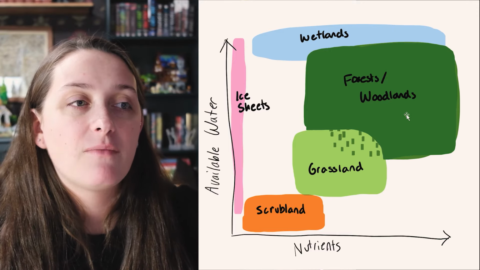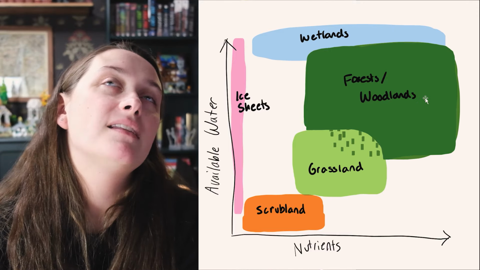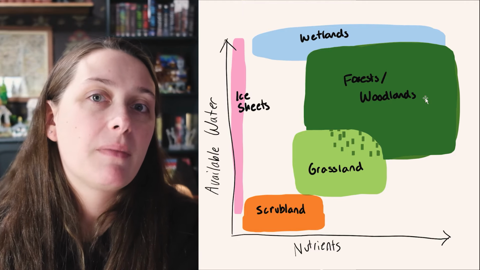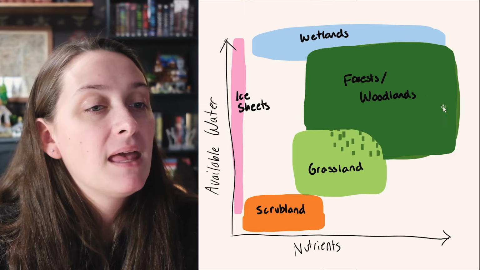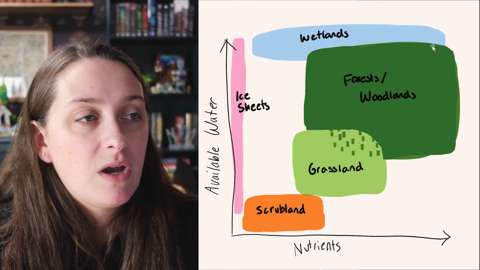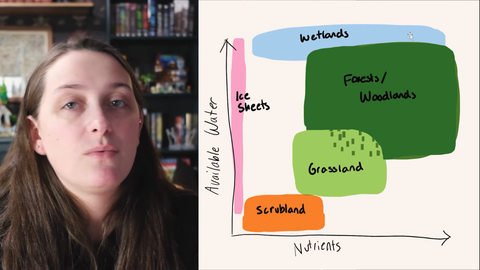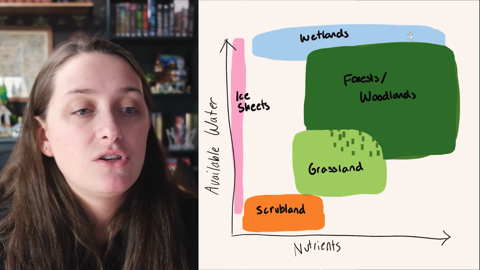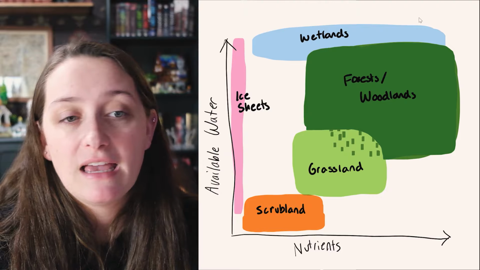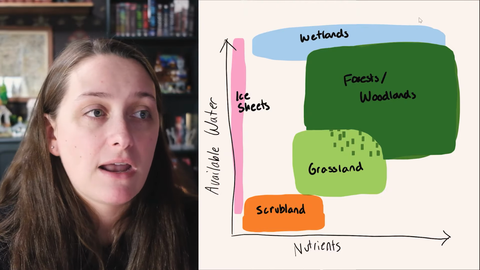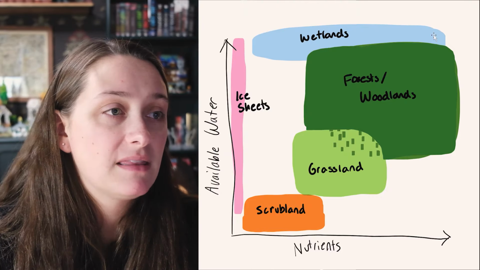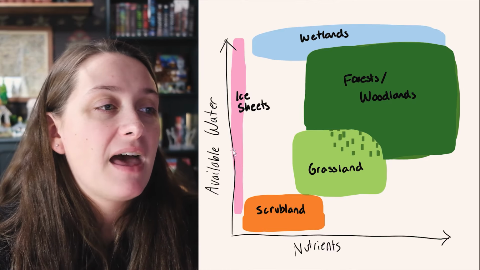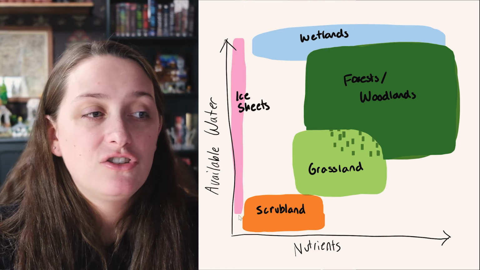But these have probably the most broad application, and we're going to have the most biomes in this category. And then we have wetlands, which we already talked about, which is essentially where you have more water entering the system than leaving. So you can have different levels of vegetation here: lakes, bogs, swamps, marshes, etc. And we mapped these in our last part, but they all have more water available, right? And then to give another example, I have ice sheets over here.